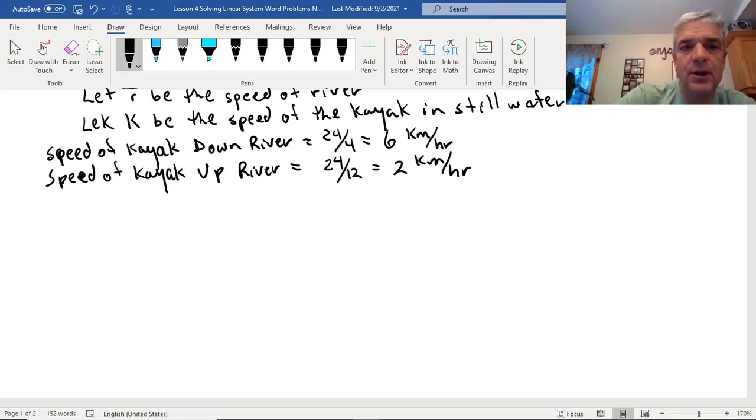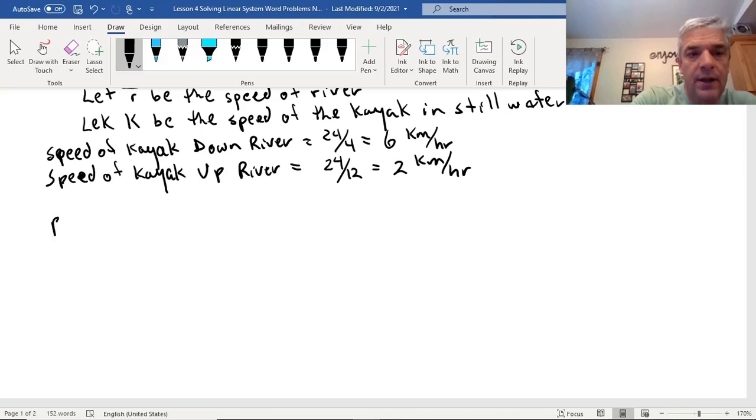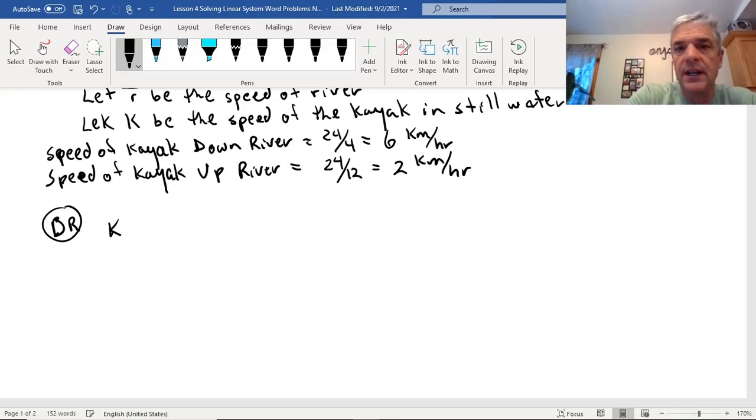So what I end up doing is I get going downriver, I have a calculation, and you can call this DR if you want. Downriver is what I'm going to call this. I'm going to have the speed of the kayak in still water, plus the speed of the river, and that is going to equal 6 kilometers per hour.